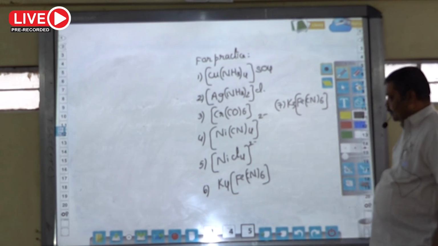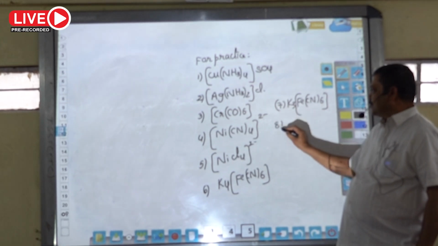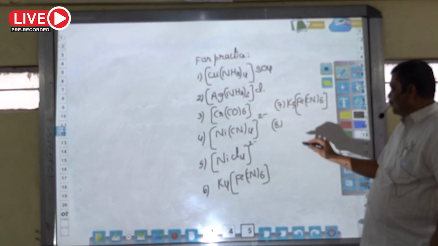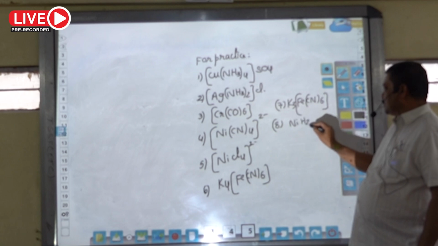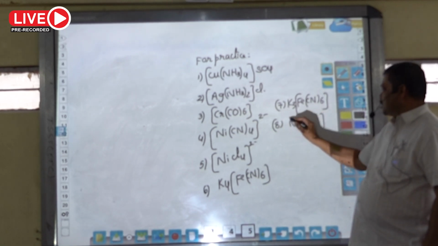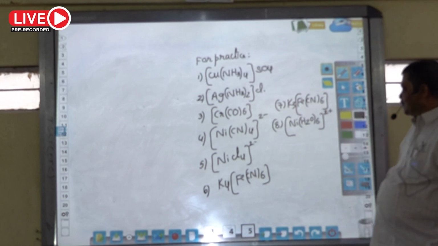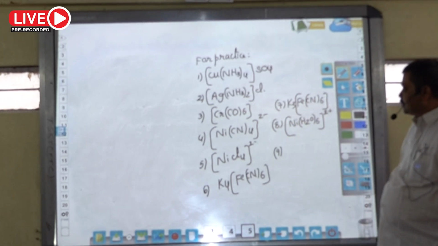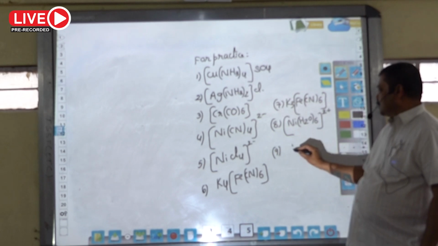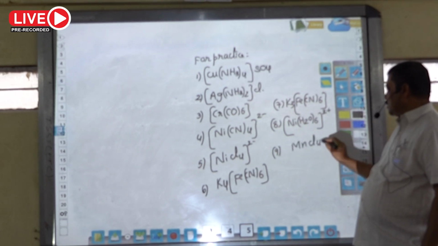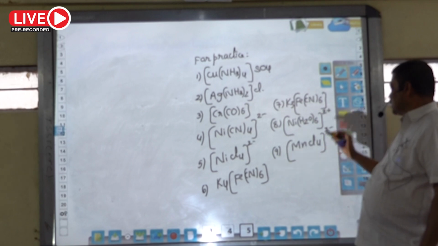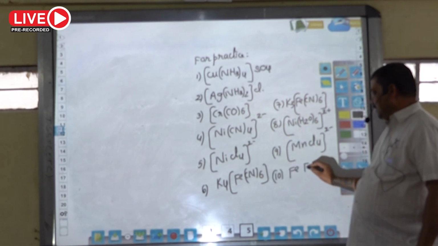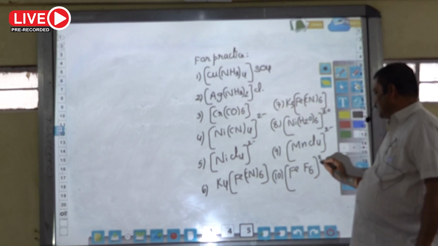Potassium ferricyanide. [Ni(H2O)6]2+. [MnCl4]2-. [FeF6]3-.